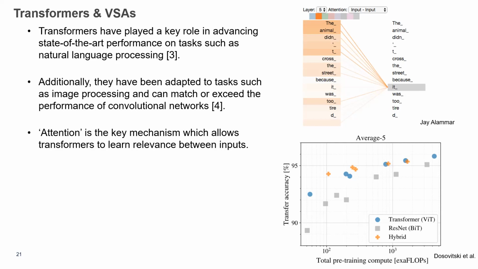And even as it's revolutionized natural language processing, people have also started applying it to more traditionally convolutional spaces like image recognition. Here in this figure in the bottom right, we have a transformer-based image classifier, which is competitive with these very deep residual convolutional networks, and can outperform them in some cases.